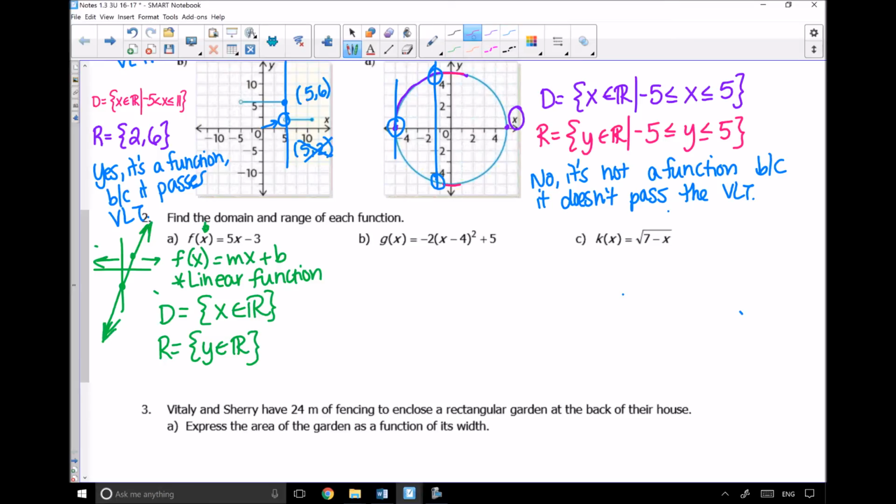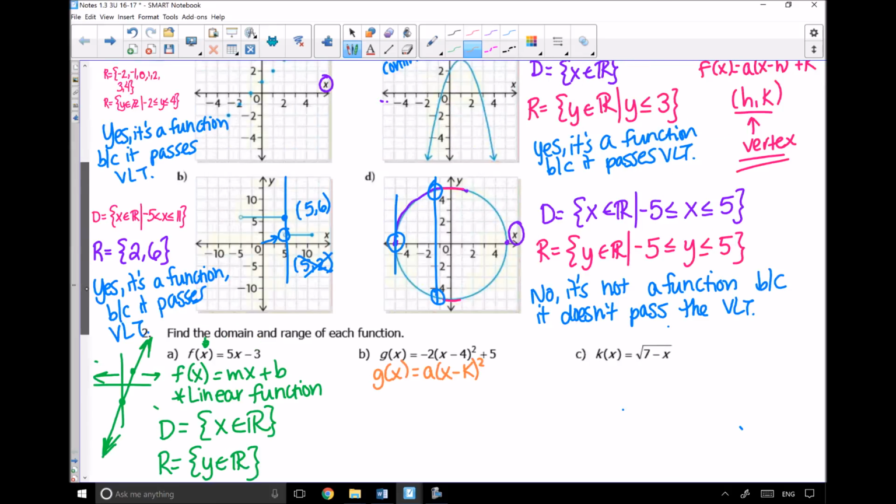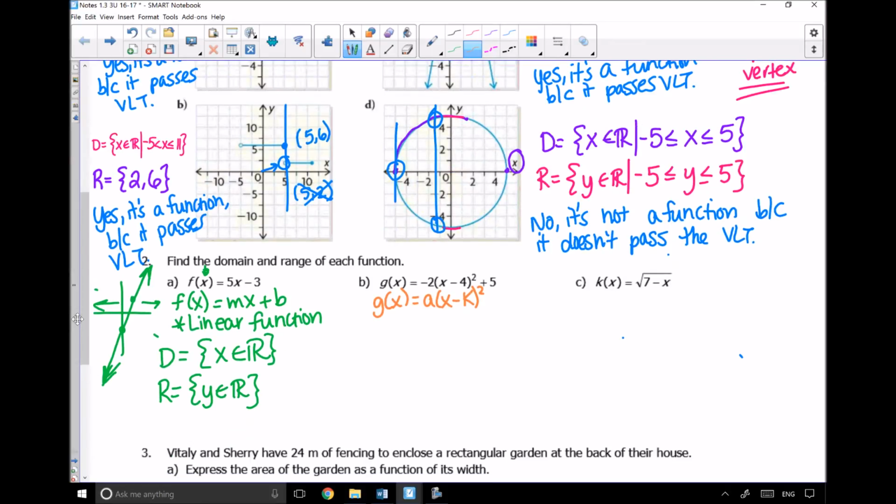To do question B, I have to recognize what type of a function that I have here. So this time for this function, I know it's in the same format we just talked about on the top right here, a times x minus h squared, plus k. So we know that this is a parabola or a quadratic function in vertex form.